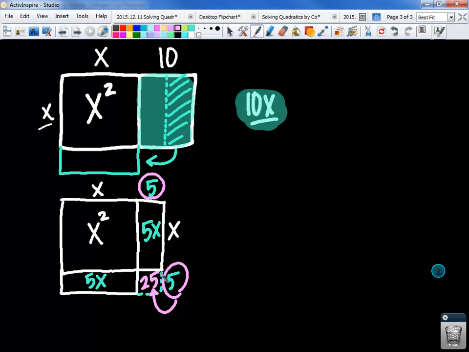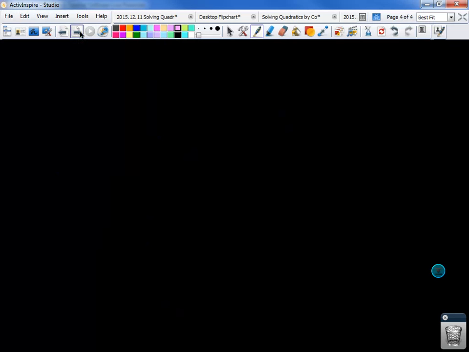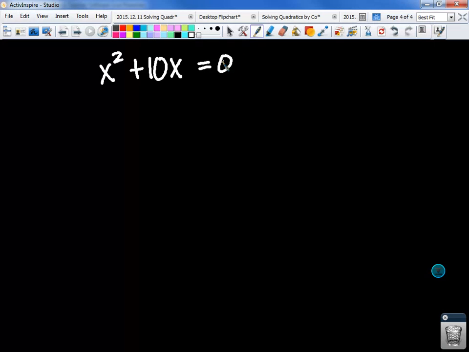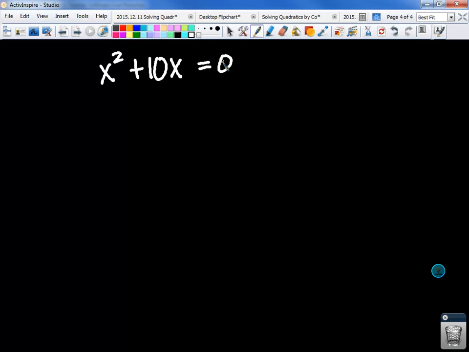But I can't just add some new value in and change the problem. So what we're going to do is say x squared plus 10x equals 0, and we're going to solve this equation using completing the square.